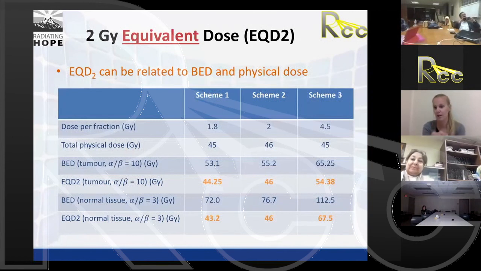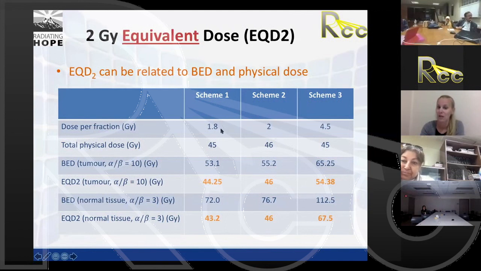So if we go back to our 3 schemes that we were looking at before with our 1.8 gray, 2 gray and 4.5 gray per fraction, if you remember, our biological equivalent doses were sitting at sort of 50 to 60 gray. If we now convert those back to a 2 gray equivalent dose, you can see obviously if you're giving your doses in 2 gray per fraction, the EQD2 is going to be the same as the physical dose of 46 gray.